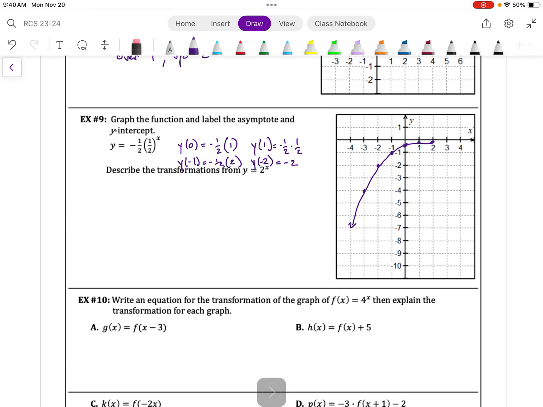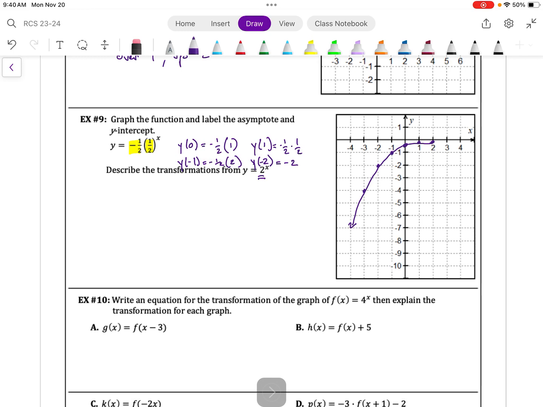So the transformations that we have going on here from 2 to the x is a couple things, okay? Really there's 3 different things. We've got this -1/2, and then we've got this 1/2 term as well.